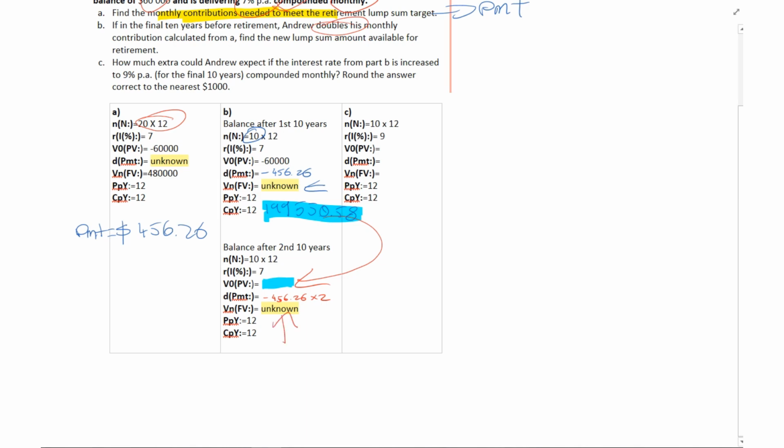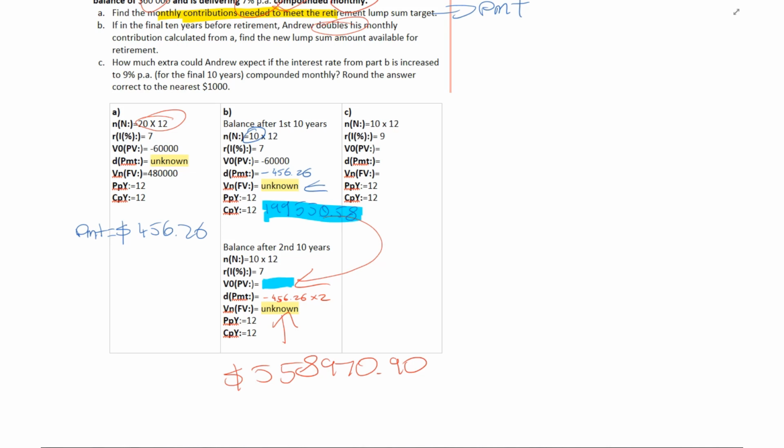Okay, and that will give me a value of 558,970.9. So basically it's find a new how much you'd get. So instead of 480,000, I'm going to have close to 560,000.